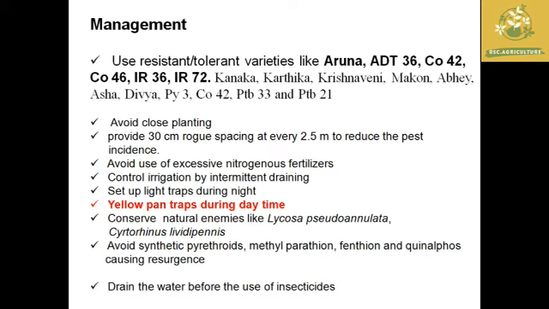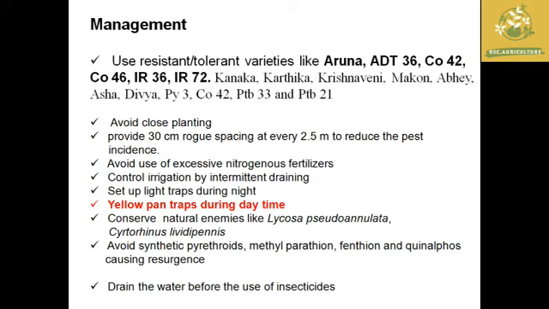Some other cultural and integrated pest management practices are to avoid close planting, and to provide a distance of around 30 centimeters between rows and 2.5 centimeters between plants, which reduces the transmission of the pest, because they cannot fly more than 2.5 meters. So we can reduce this pest to a particular level. Also avoid excessive nitrogenous fertilizers in the field, and follow controlled irrigation by intermittent draining.